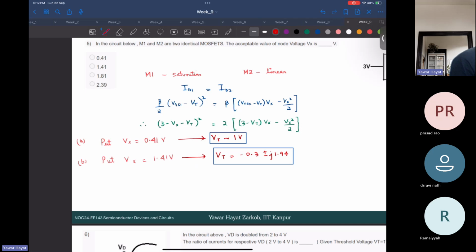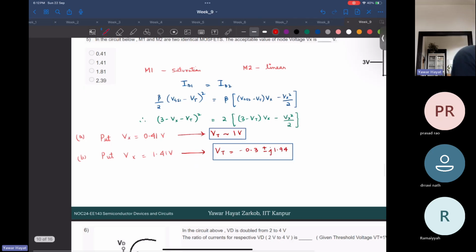Is this fine? Then if I use Vx as 2.41 volts, I'll get an irrational number. So it turns out that for all the values of Vx apart from option A, I'll get unrealistic values of VT. So the only option that gives a realistic value of VT is Vx equal to 0.41 volts. So hence that is the correct option.